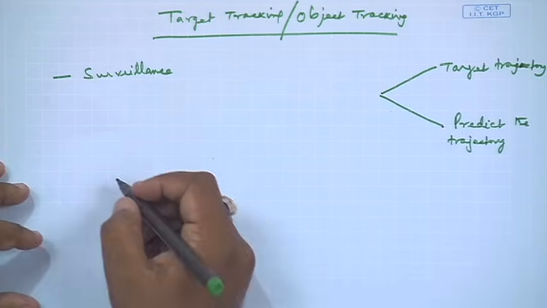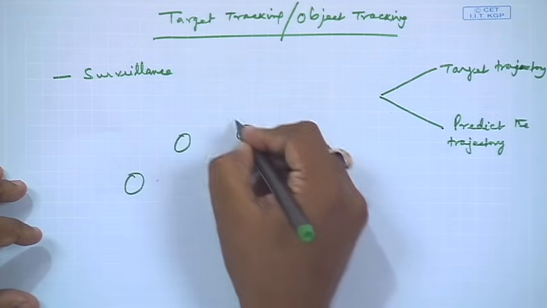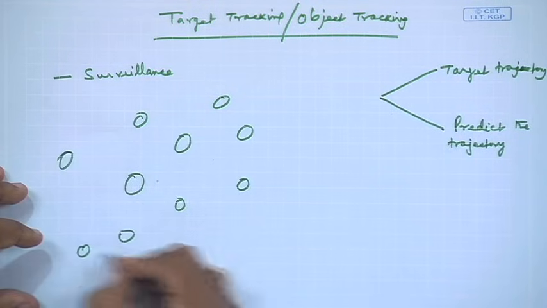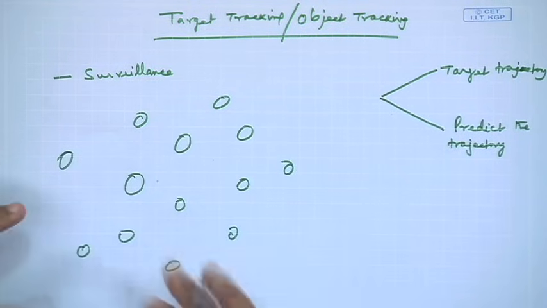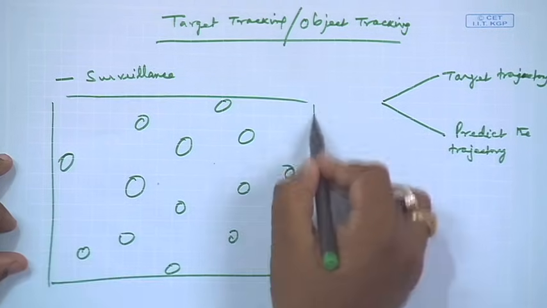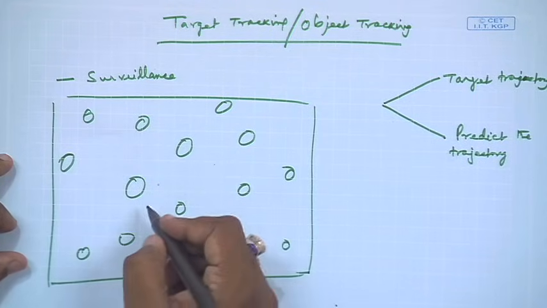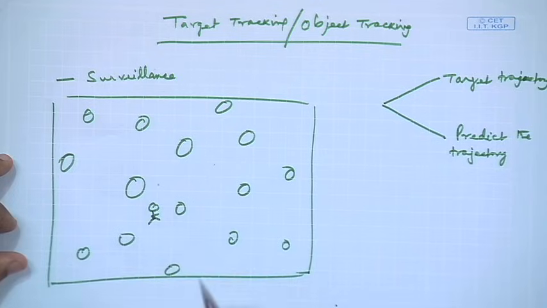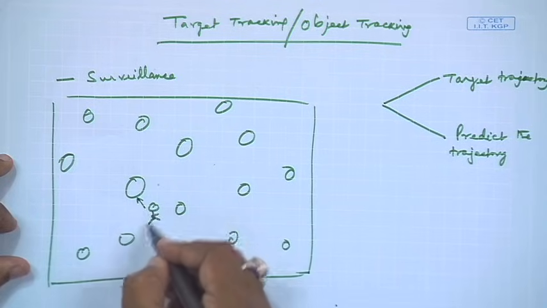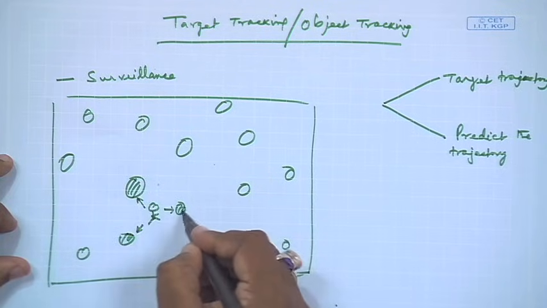In either of these cases, what essentially happens is we have different sensor nodes. These sensor nodes are placed all over the terrain where monitoring has to be done. Now, let us say that there is an object, maybe a human, that has been detected by these sensors, these three sensors, this one and this one.